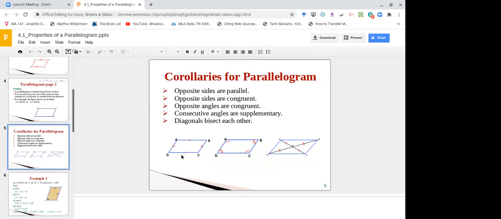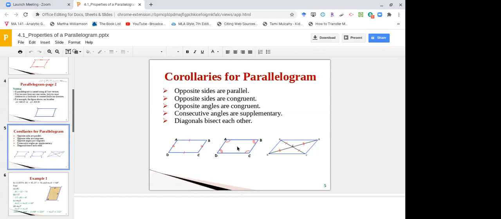Remember, congruent means the same shape and size, in this case, the same length. And side BC and side AD are congruent. The markings here indicate congruence. One hash mark is congruent to one hash mark. Two hash marks are congruent to two hash marks. So opposite sides are parallel, they're congruent.